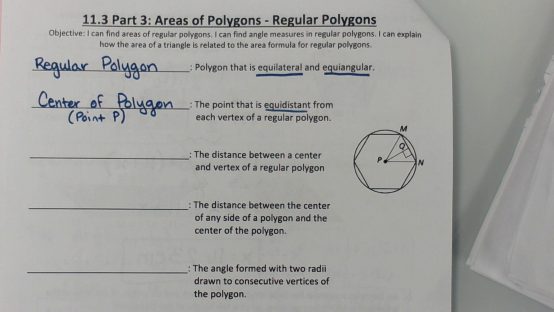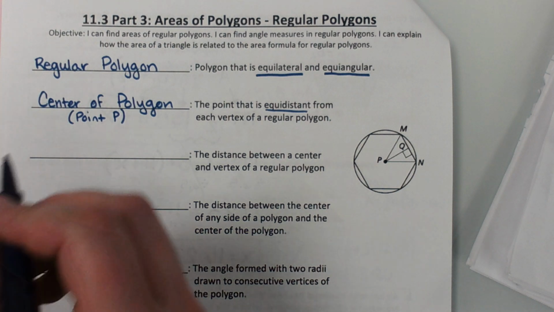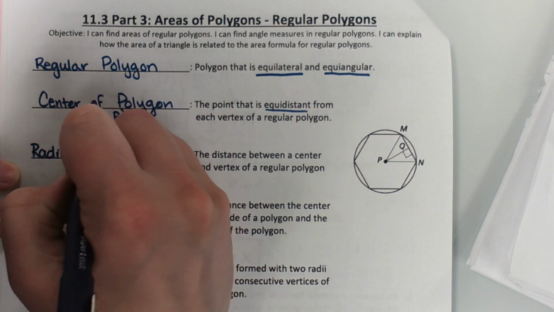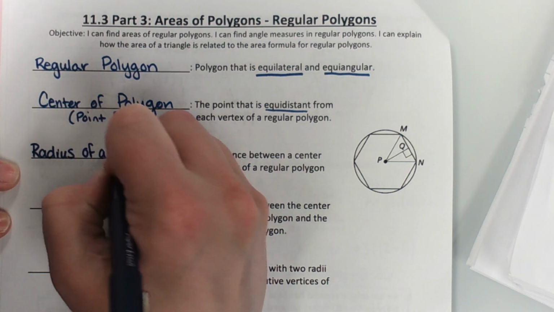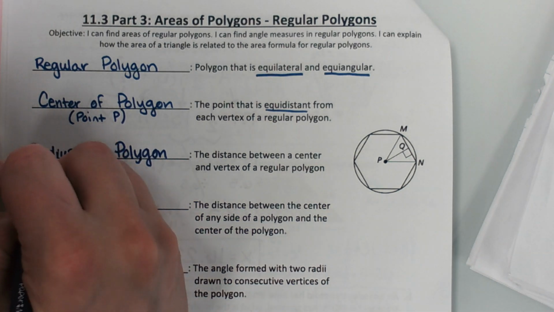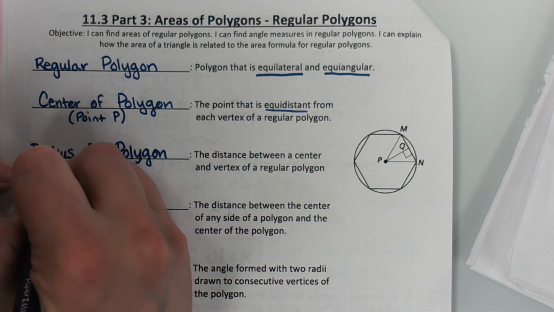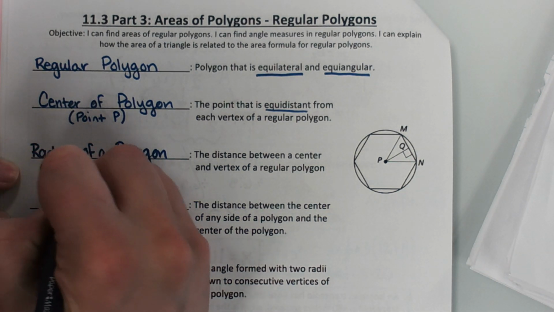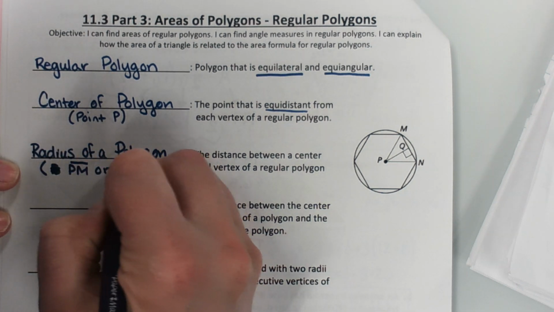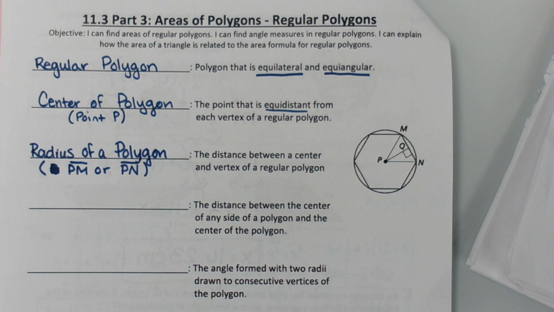What do we call the distance from the center to the edge of a circle? Radius. It is also known as the radius of a polygon. So segment PM or segment PN in that shape would be referenced as a radius.